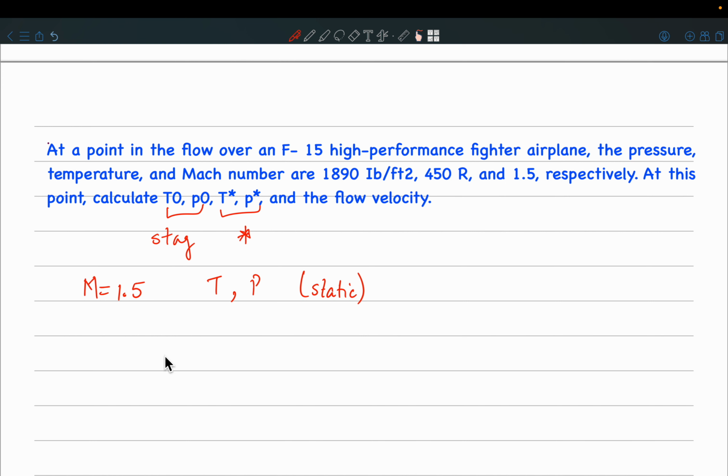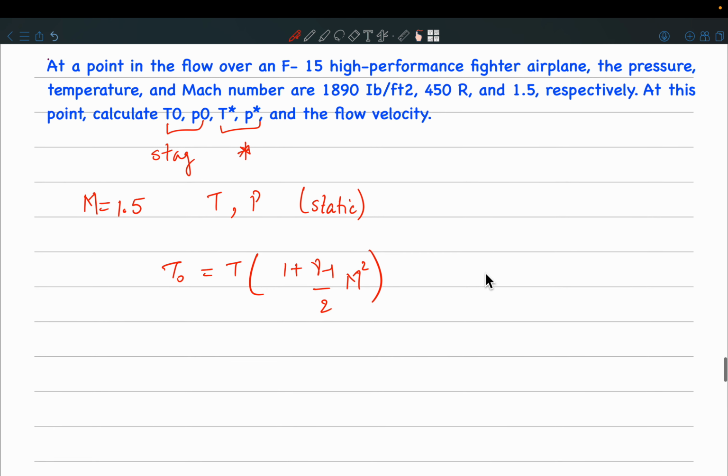Yeah, or we can use this form, the equation that T0 is equal to T into 1 plus gamma minus 1 by 2 M square, and yeah, same thing. And now what will you do? You'll just put Mach number equal to 1.5, isn't it? So tell me, what is T0 by T?